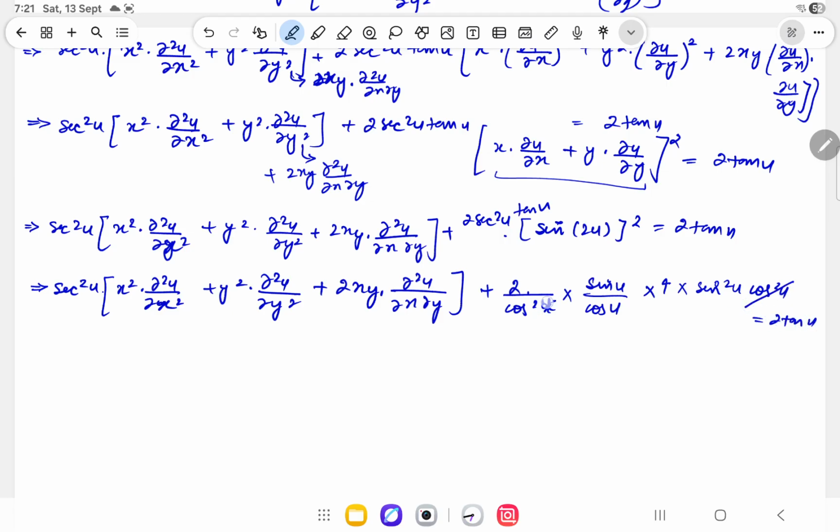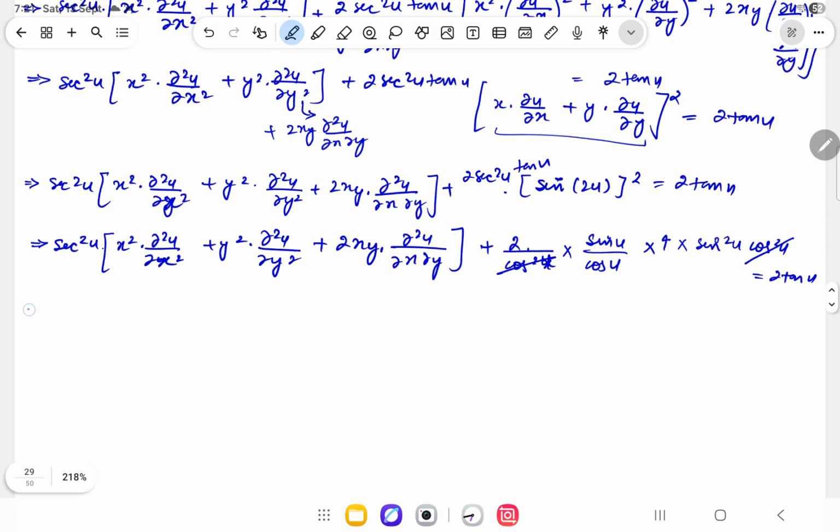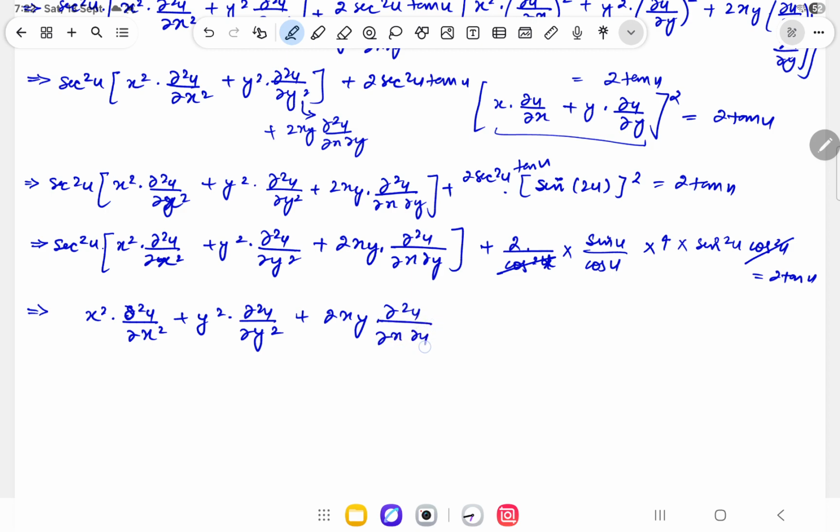So this cos square balances this. So we are left with x square into del square u by del x square plus y square into del square u by del y square plus 2xy into del square u by del x del y plus 4 twos are 8 sin cube u divided by cos u into sec square u is equal to 2 tan u divided by sec square u. We have basically divided the whole term by sec square u.